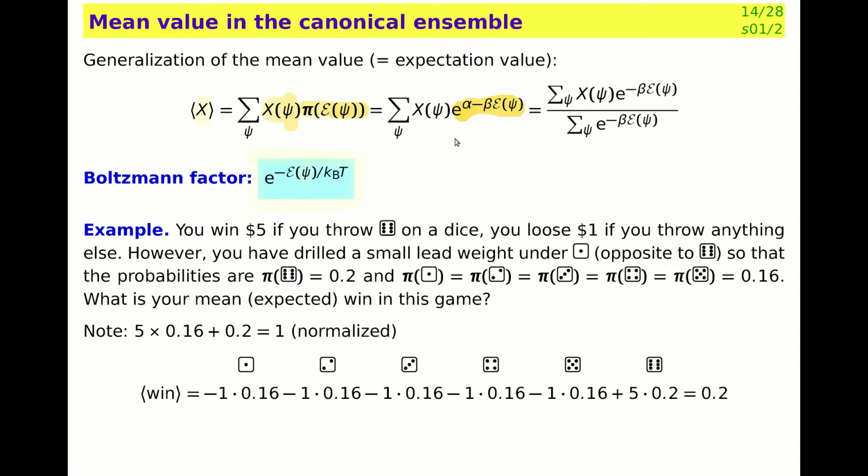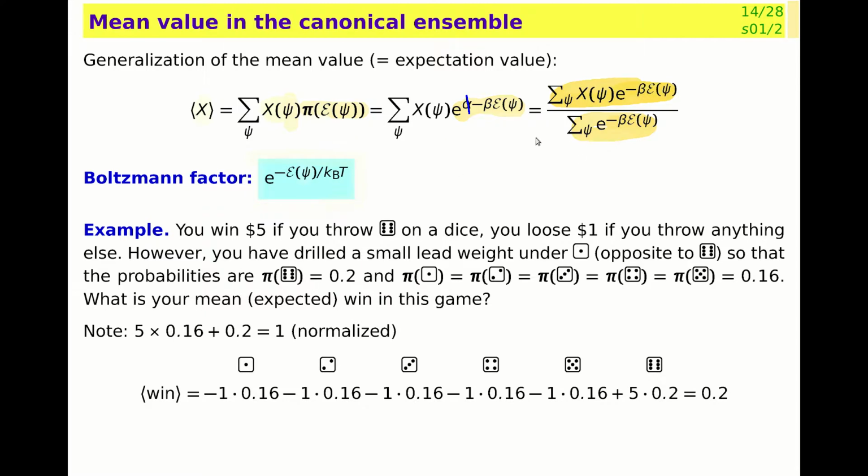But if we want to get rid of this unknown alpha, then we must do two sums, because we can normalize, or we can say that the sum of this divided by the normalizing factor is unity, and we'll get the normalizing factor. So here you have the result.